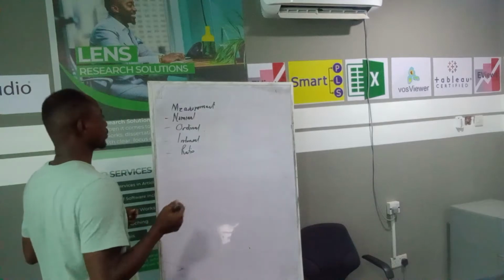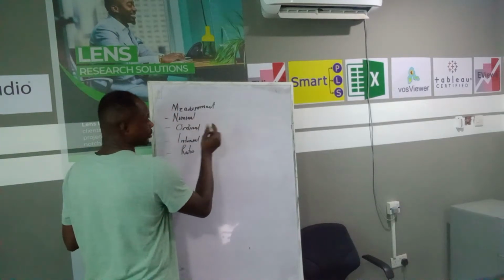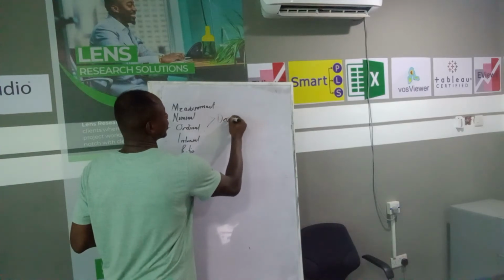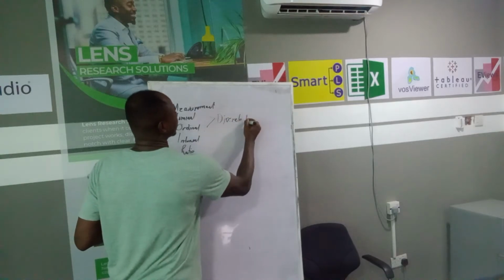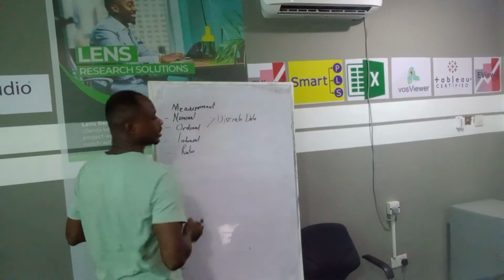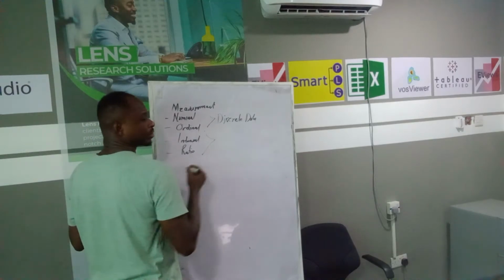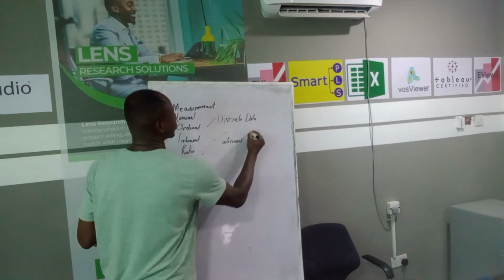So if you measure things at the nominal level or at the ordinal level, you're likely to get discrete data. Okay. Then if you measure things at the interval or at the ratio level, then you can get continuous data.